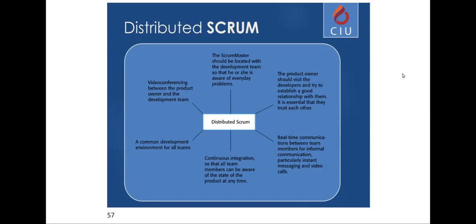For example, in the project that I'm going to give you next week, you can apply a distributed Scrum model because you cannot meet with your team, and you should be able to use some tools to communicate with one another.